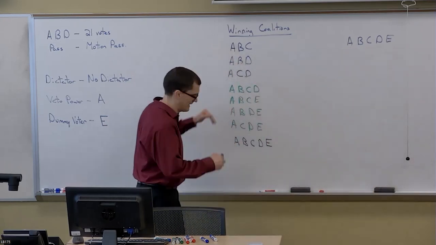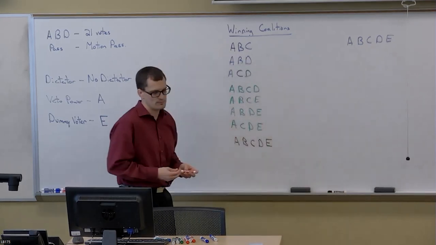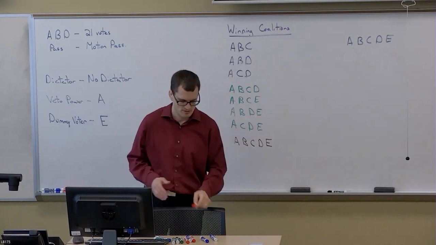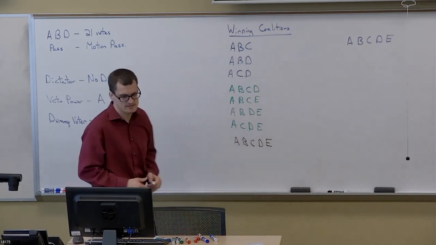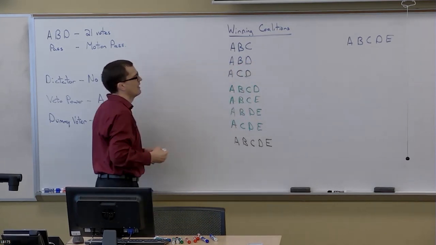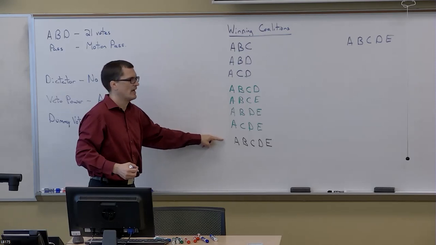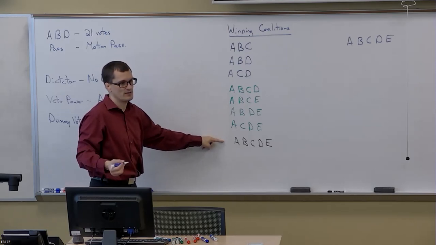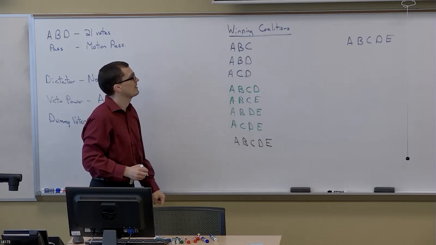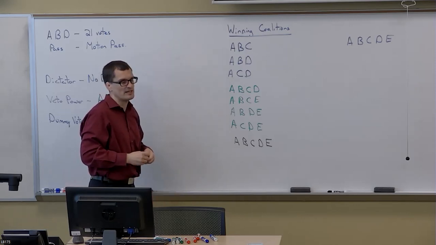And these 3 added up to 20, but those were the only triplets that worked. Those were the only sets of size 3. The sets of size 4 that worked were here, and there's one set of size 5 and that worked, obviously. So that's a list of all the winning coalitions in this example.